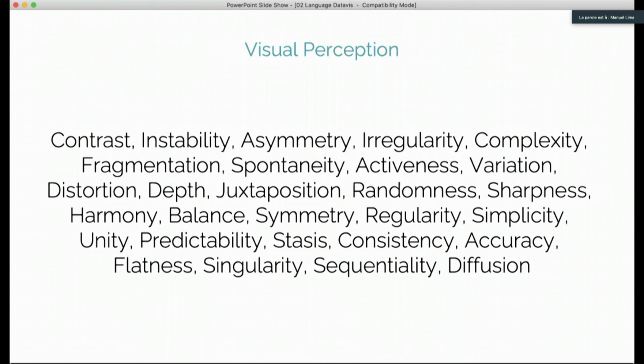And when you combine these in interesting ways, and of course, artists have known this for centuries, you can really convey things like unity, harmony, consistency, diffusion, singularity, distortion, fragmentation, right? There's almost infinite feelings, emotions, or concepts that we can evoke and communicate just by using those simple techniques.